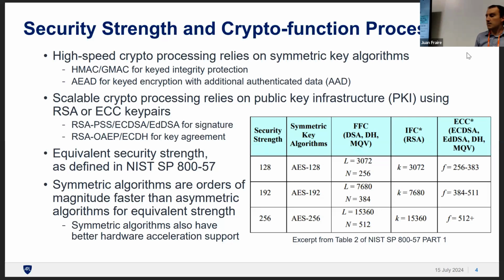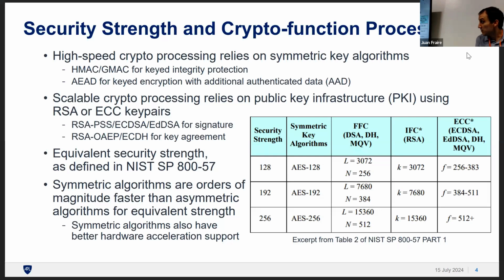And the table that's in here shows how there's some equivalent security between symmetric algorithms on the left and some asymmetric algorithms on the right. The main takeaway of this is that the required key material and the required processing of that key material for asymmetric security algorithms are many orders of magnitude slower and require more storage and more processing than symmetric algorithms.